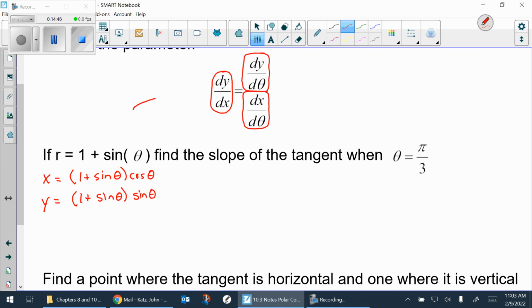So if I want to find the slope, I have to start with dy d theta, and I've got to find the derivative of this with respect to theta. It's going to involve the product rule.